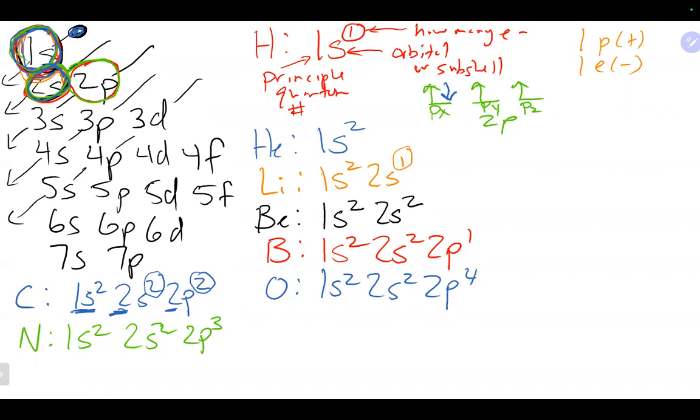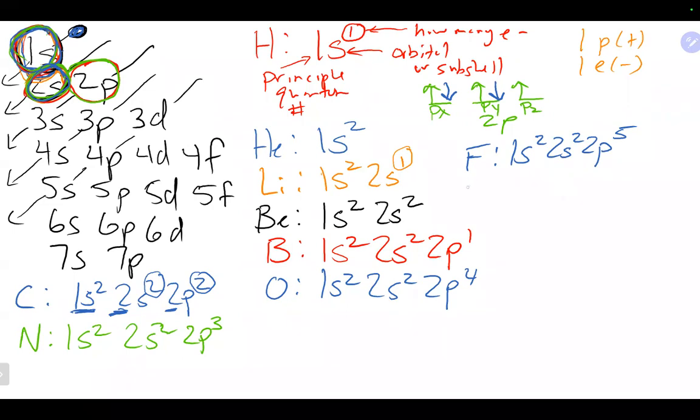And then fluorine is number 9. So that would be 1s2, 2s2, 2p5 at that point. Again, the next electron would go here, and as you can see, there's really space for just 1 more electron in that p subshell.